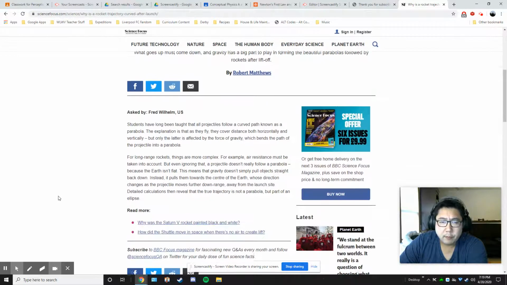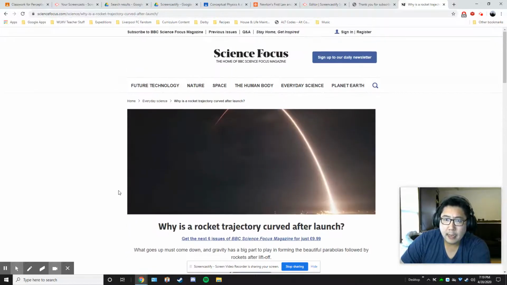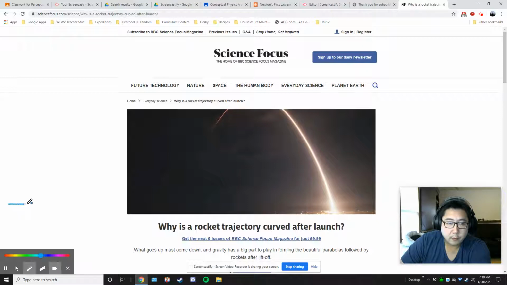As for the reasons why, Newton's first law is still in effect here, with inertia being a factor. Using this image here, I can show you this. Imagine this color here is the ground.